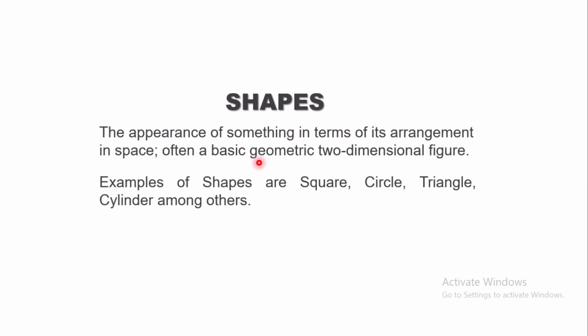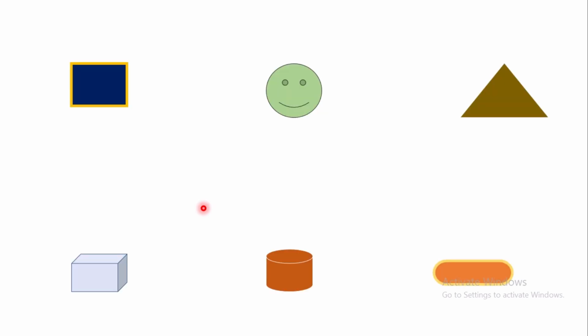Examples of shapes are square, circle, triangle, cylinder, among others. So these are shapes. This is a square having a color and an outline, a dark blue solid fill color and a yellow outline.